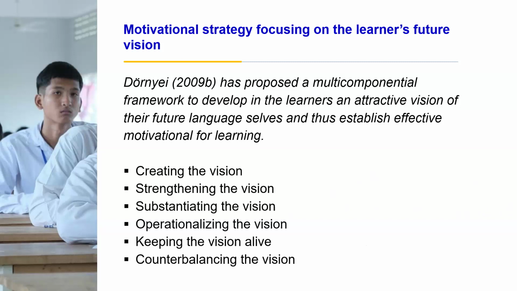After students have a clear vision or a clear starting point for their vision, they can have another step, operationalizing the vision. That is, students start to set up the plan, for example, what area they want to improve first, or any specific language skill that students want to go for first.